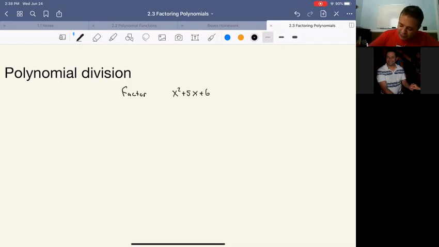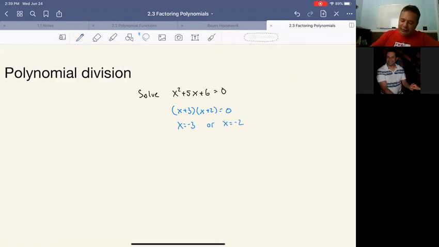Okay, let's just solve it equaling 0. All right, so now we know how to factor that. That's x plus 3 times x plus 2 equals 0. Okay, and so these solutions give us x equals -3 or x equals -2.